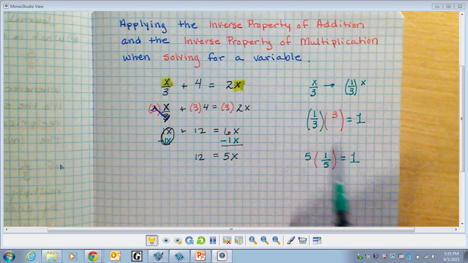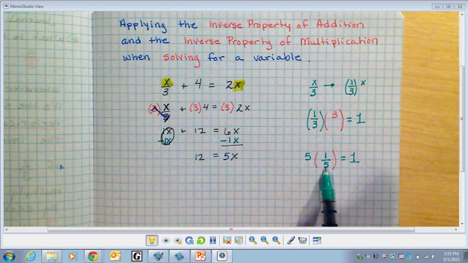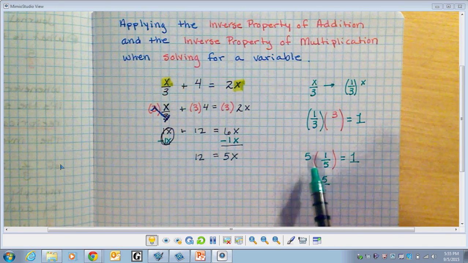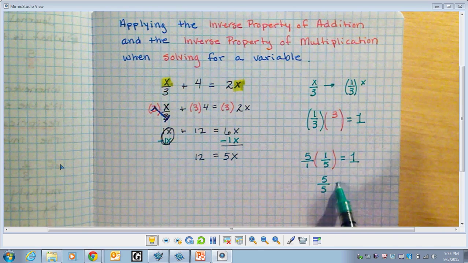Now remember, this is the same thing as 5 divided by 5, because 5 times 1 is 5, and we just have a 5 in the bottom. You can think of this as over 1. 1 times 5 is 5. So that's why that becomes a 1.